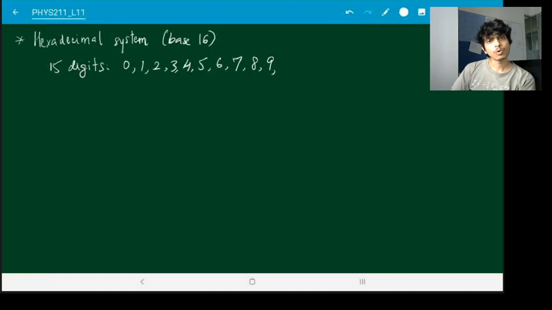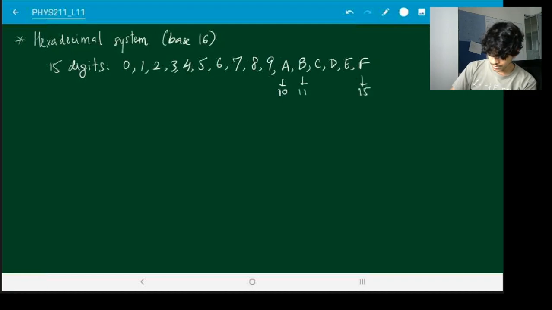And then we need to go all the way up to 15. So we call them A, B, C, D, E, F. So A is like your 10, B is 11, and so on till 15.